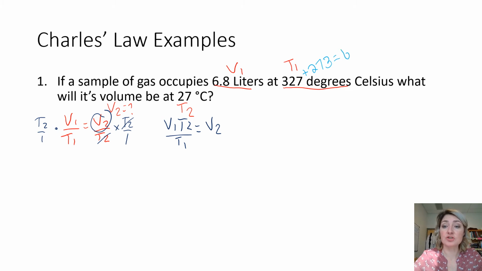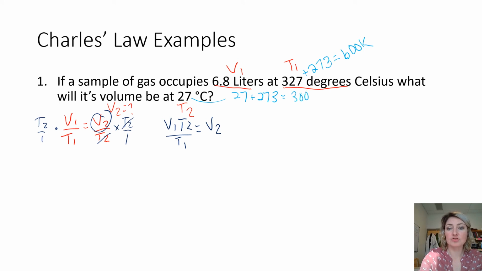So our initial temperature is 600 Kelvin. And to 27 degrees Celsius, we're going to add 273, and it looks like our final temperature is going to be 300 Kelvin. So my temperature is decreasing, which means I would expect my volume to decrease as well because they're directly proportional, but let's see if that's how it works out numerically.